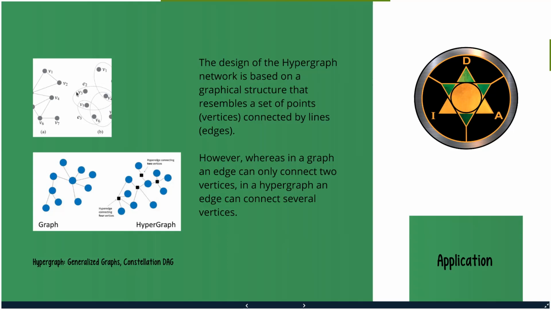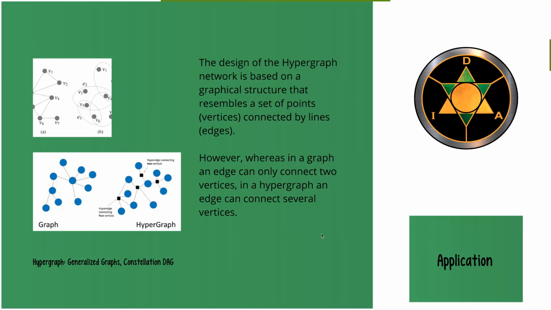And at that point, it can connect multiple vertices. As you can see, we have edge 2, which connects vertex 5, vertex 3, and vertex 4, and so on. So that's the concept of a hypergraph. And this structure gave us something really powerful that we can use to model the flow of data, or how we structure and organize data within a distributed ledger technology implementation.